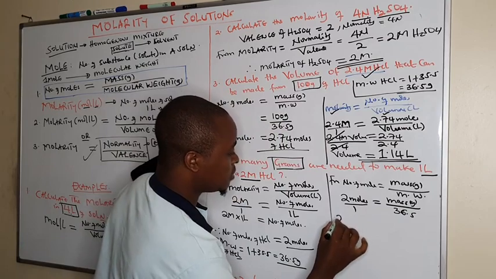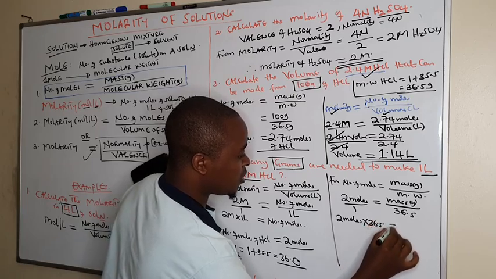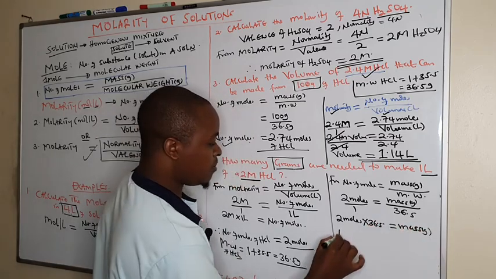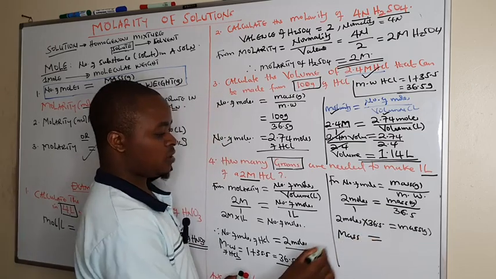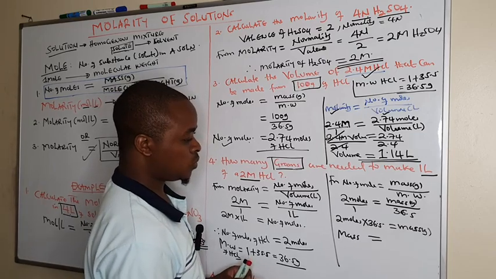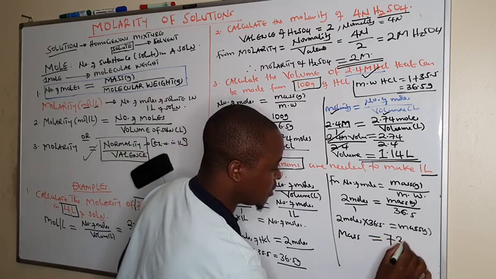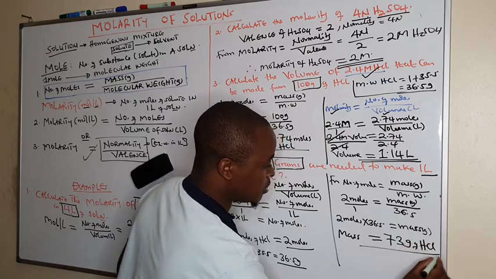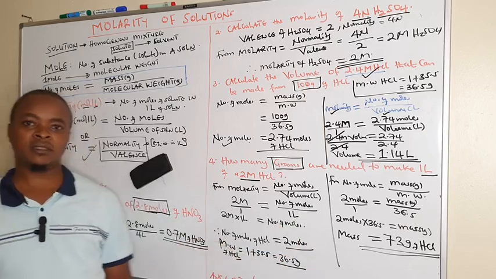We shall get 2 moles times 36.5 equaling mass, which we want in grams. Finally, the mass of hydrochloric acid is going to be 36.5 times 2, and this gives us 73 grams of hydrochloric acid. So this becomes the final answer, because they want how many grams are needed.